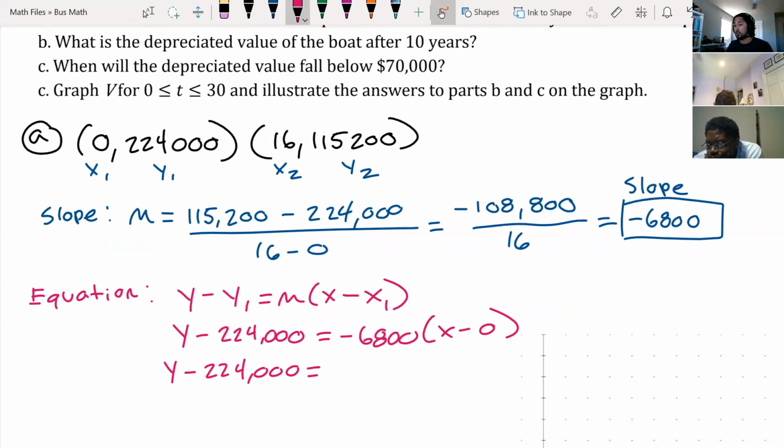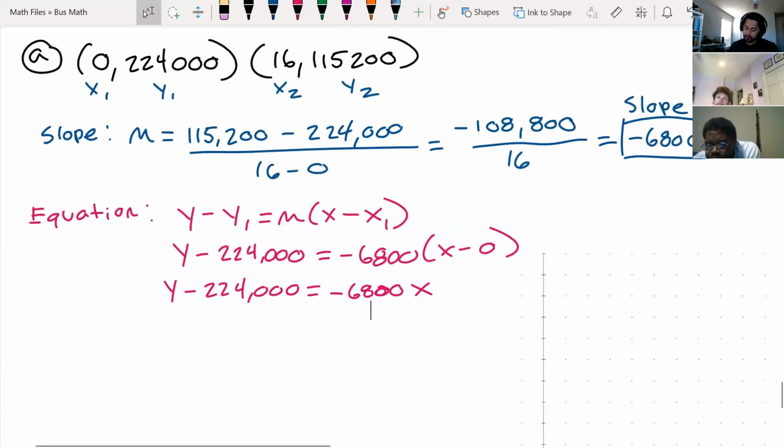Go ahead and distribute that negative 6,800. And lucky for us, it's just negative 6,800x, because 6,800 times 0 is 0. Okay. And then to finish this off, just add that 224 over.